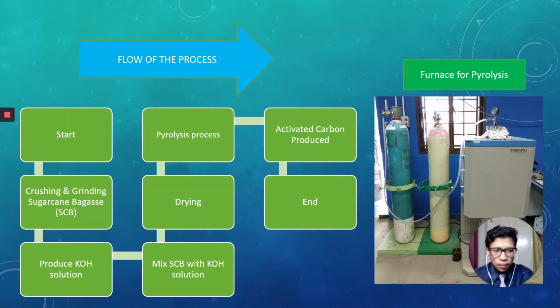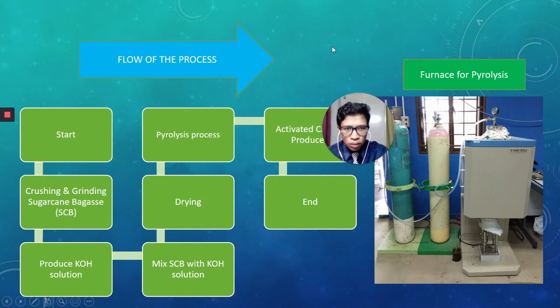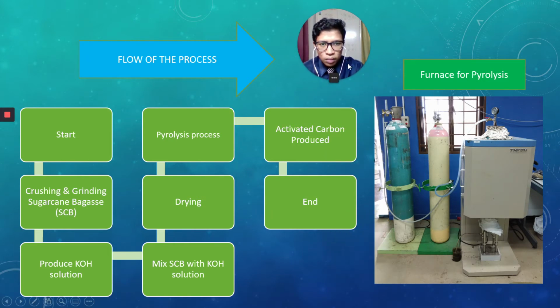Next is the flow of the process. Okay, first I need to crush and grind the sugarcane bagasse, and then I will prepare a KOH solution, which is the activating agent. Next I will mix the KOH solution with the sugarcane bagasse.